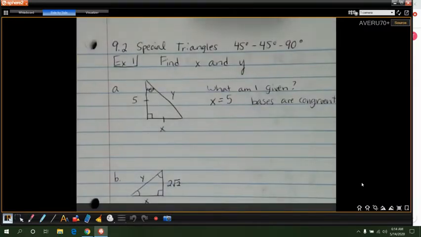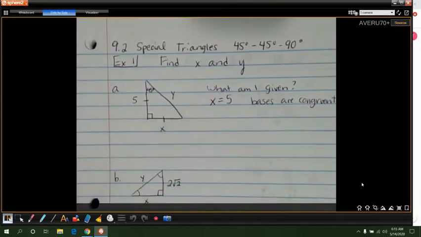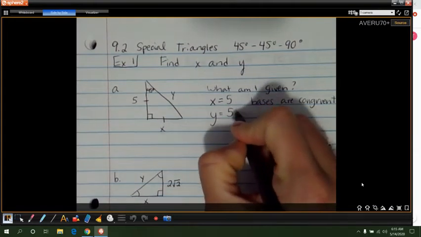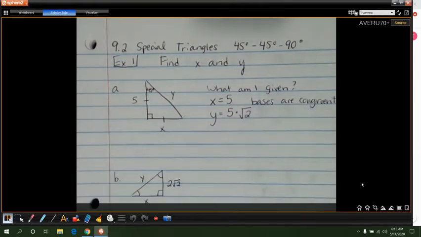So if given base, then multiply by radical 2 to find the hypotenuse. I've already found that both of my bases are 5, and to find the Y, I need to take the base, which is 5, and multiply by radical 2. We reviewed multiplying and simplifying radicals last week.